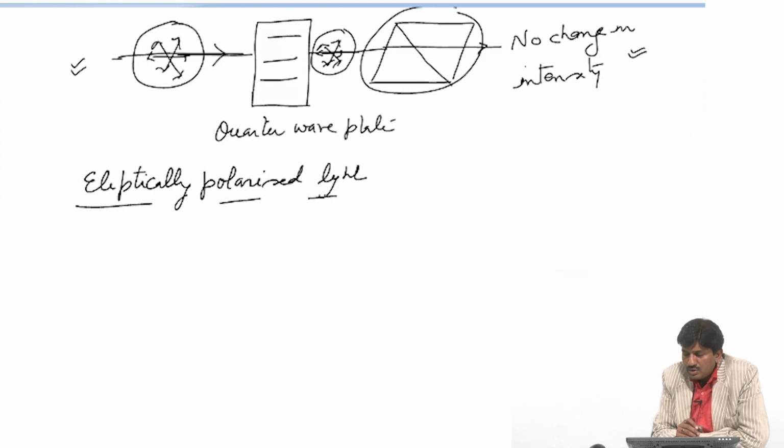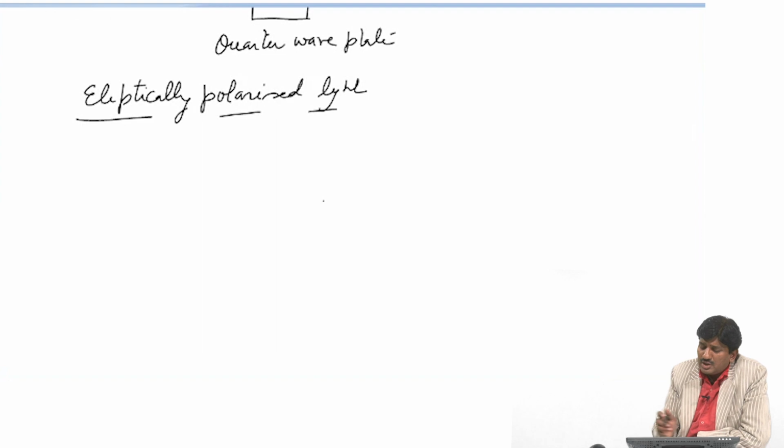Generally, rotating a Nicol prism in front of elliptically polarized light and partially plane polarized light shows a variation in intensity from maximum to minimum, not 0. Therefore, to distinguish between the elliptically polarized light and partially plane polarized light, we will do this experiment.